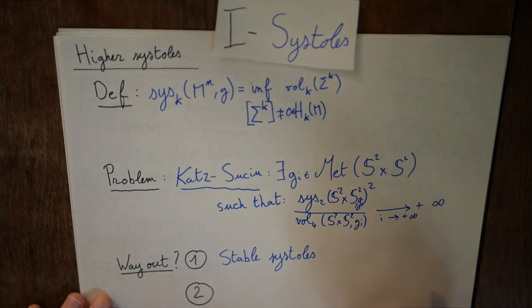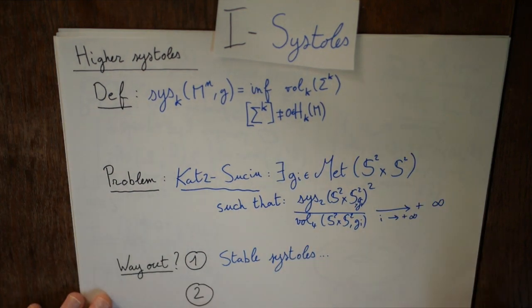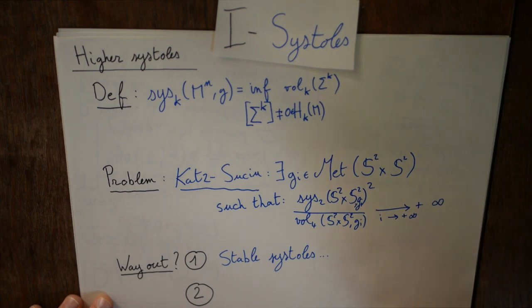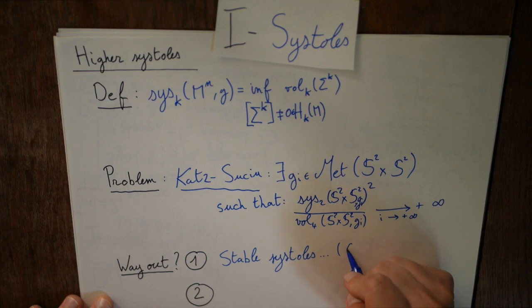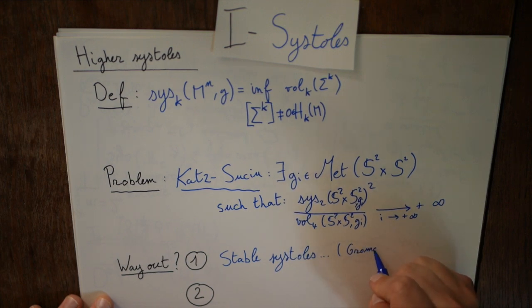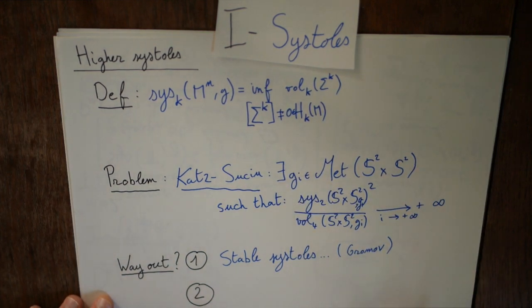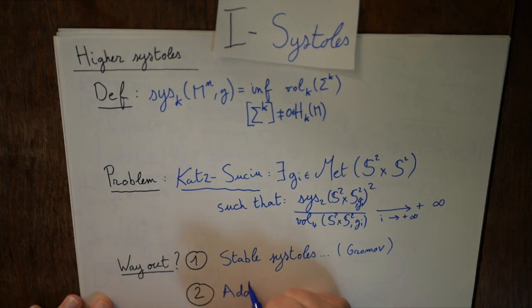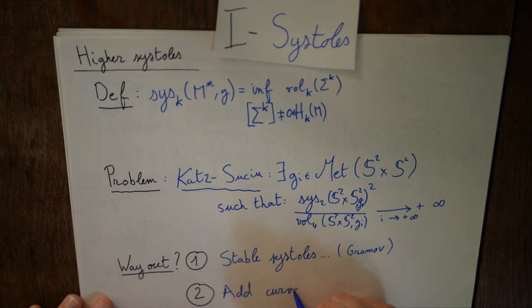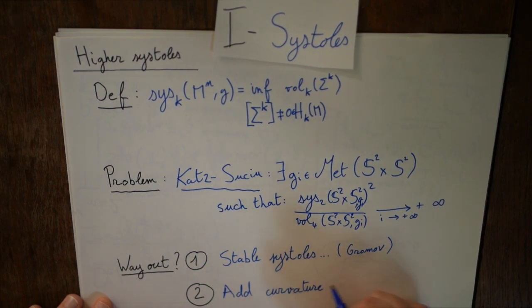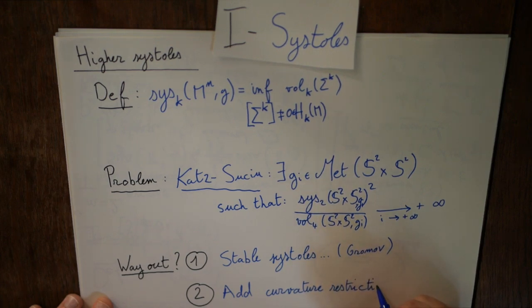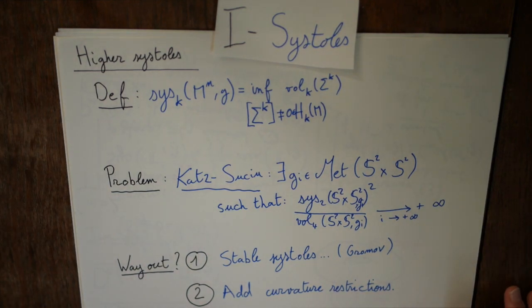This is a whole story, so maybe let's quote Gromov. And another way out is to add curvature restrictions, and this is what we will do in this talk.